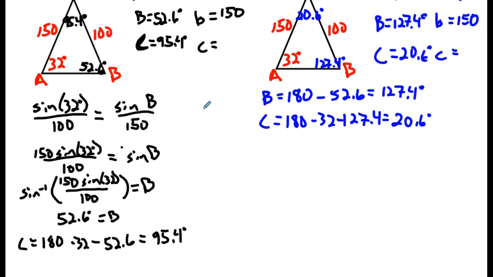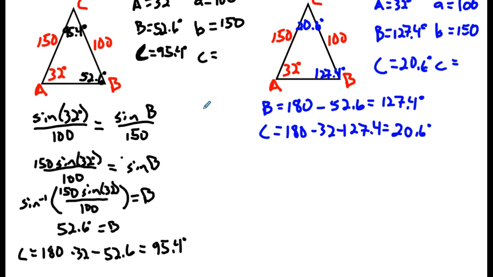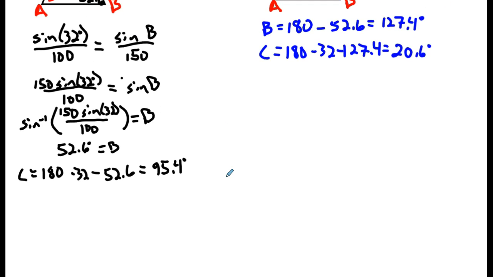So what we can do, since we know that angle C is about 95.4, is over here say sine of 32 over 100 equals sine of 95.4 over c.